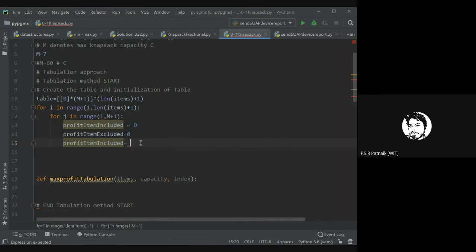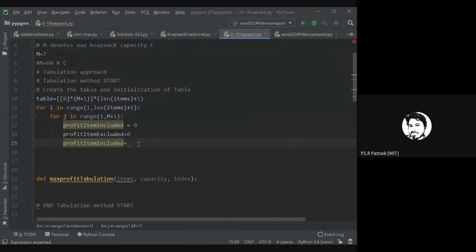Can you guess the line? What should I write here? Or shall I show the table screen? I need to get the profit of the current item. So considering this loop structure, what is the current item here?